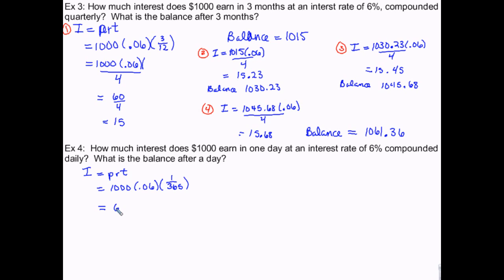So that's 0.06 divided by 365. And so we're going to earn 9 cents that day. And that'll go up daily.